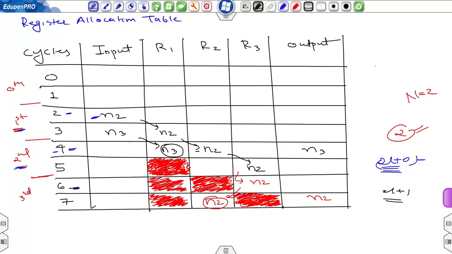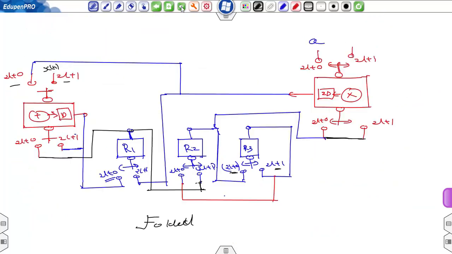So the output of R3 is connected to the input of R2 at instance 12 plus 0.